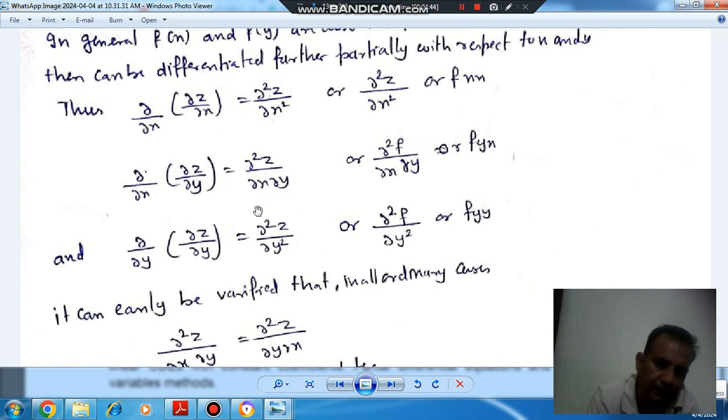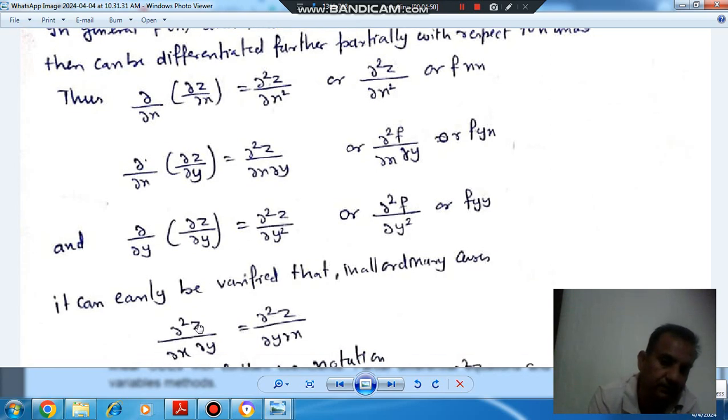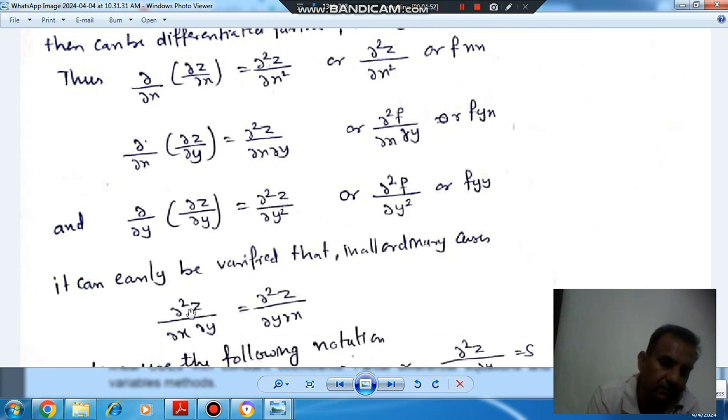Now it doesn't matter with respect to which variable we differentiate first: curly square z by curly x curly y will be equal to curly square z by curly y curly x. So if we want to find curly square z by curly x curly y, it doesn't matter whether we differentiate z with respect to y first or last.